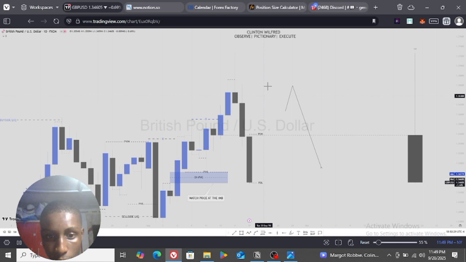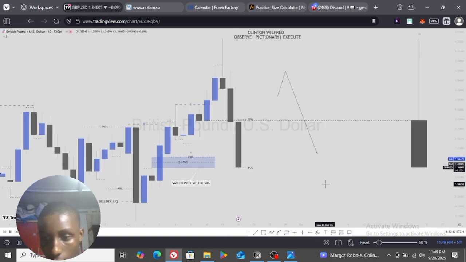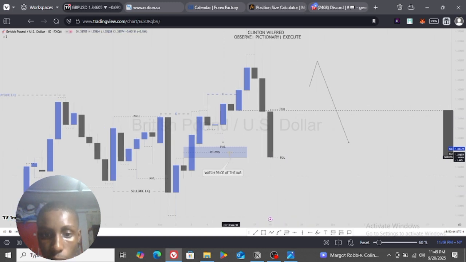Now, that being our previous day highs and lows, we had this old low at this point. Let me put this at 60. So we had this old low. That's previous week lows.